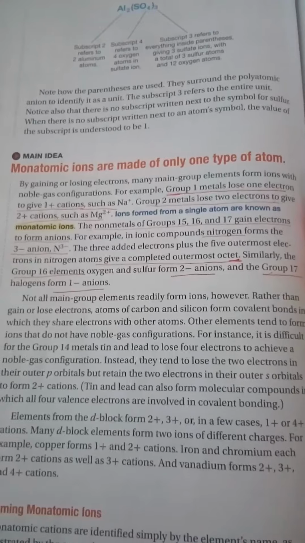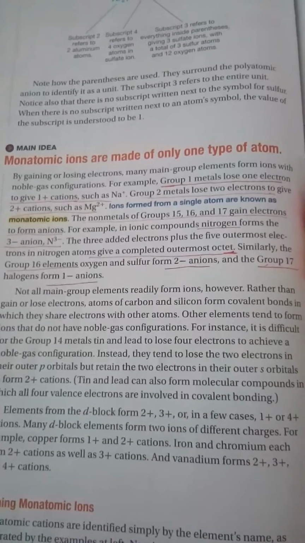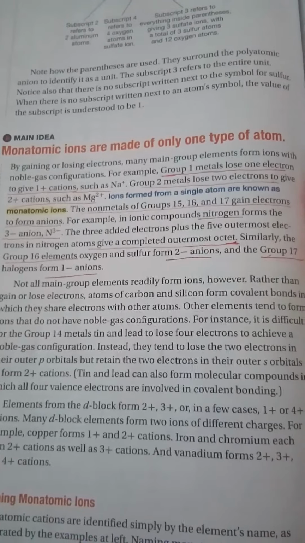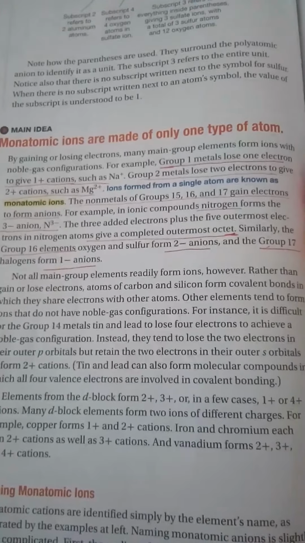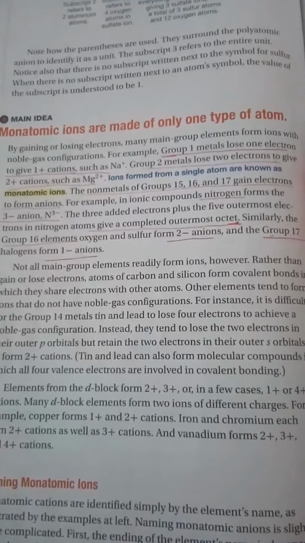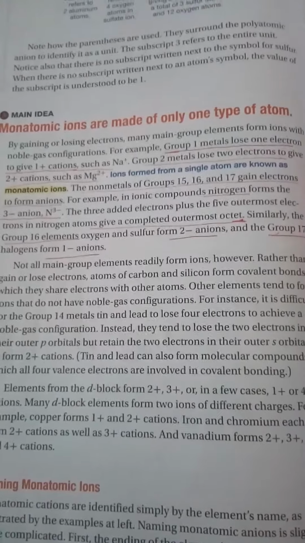So the main group elements, one of the most important characteristics about them is that they only have one oxidation state, and that is actually something that makes combining anions and cations together easy.